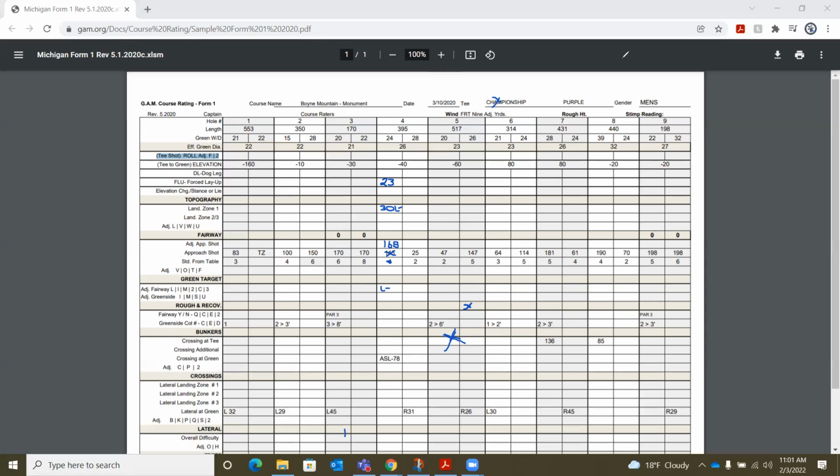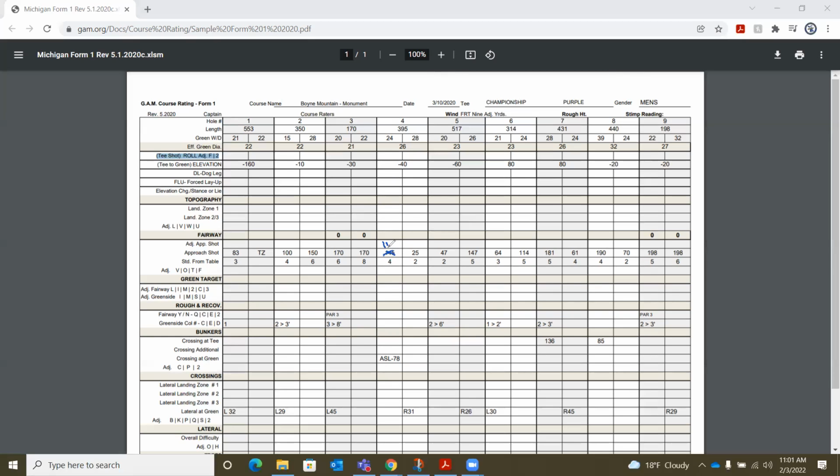So let's say we have a similar situation here, but this time our layup is by choice and not a forced layup. So again, we could have the same number where we say we're going to lay up 23 yards.